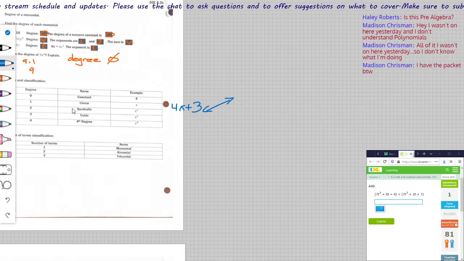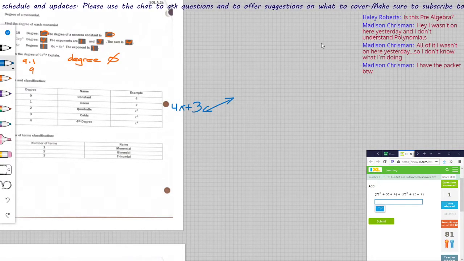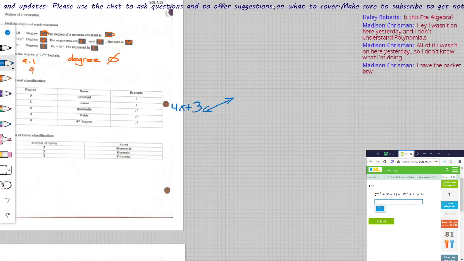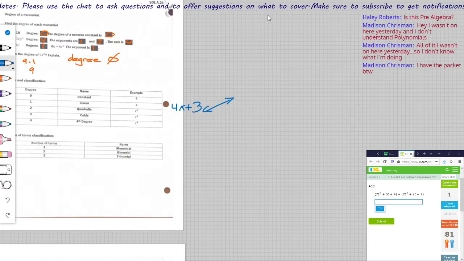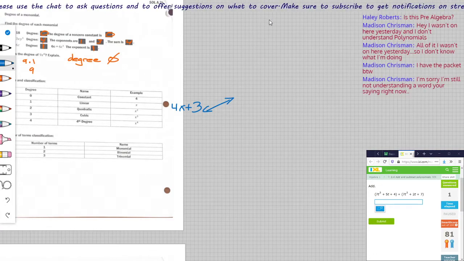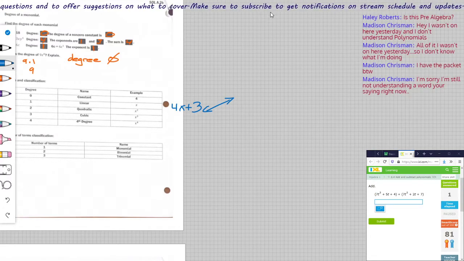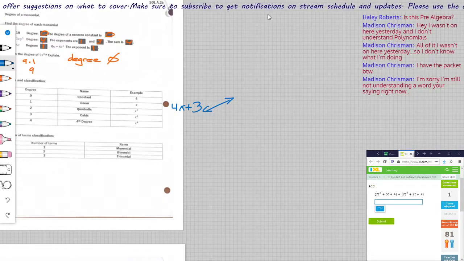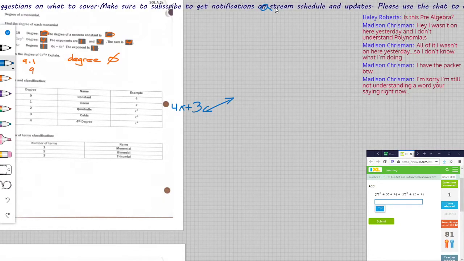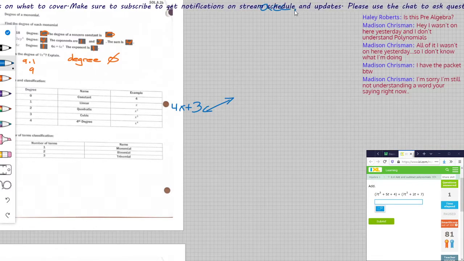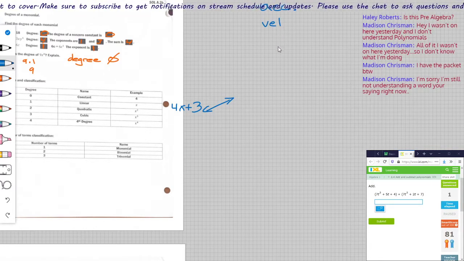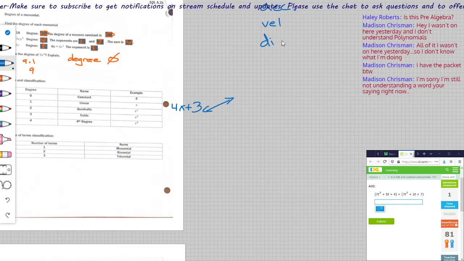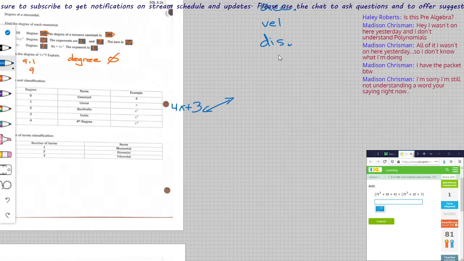Thinking about these three real quick, I'm going to relate this to science, because y'all are going into physics. You have acceleration, you have velocity or speed, and then you have distance or displacement, right?